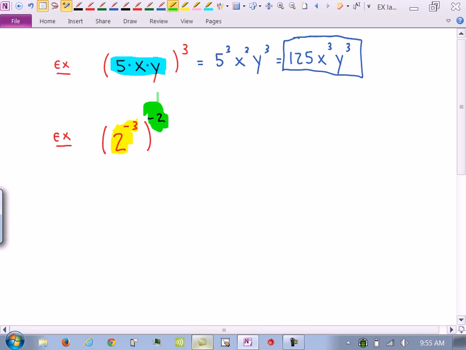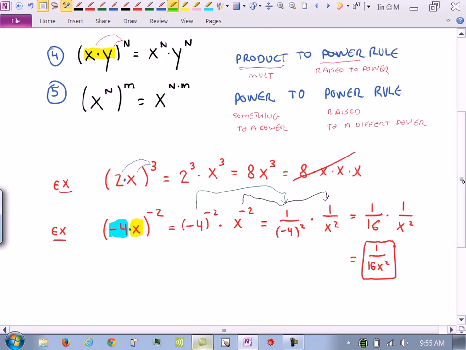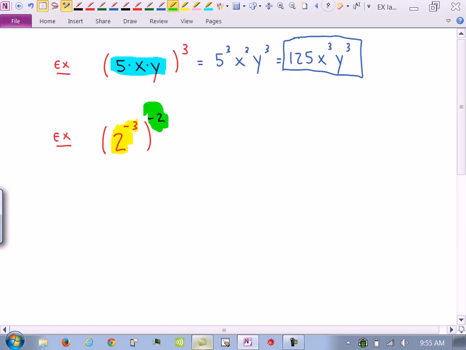So we have a power to a power, and in the previous notes, the fifth property says if you have something to a power, and then you go and try and raise it to a power again, all you're going to do is multiply the powers together. Whatever the two powers are, you just multiply them. Yes?